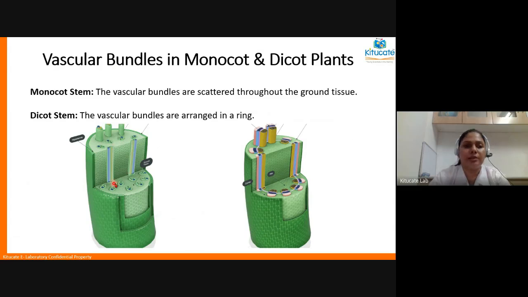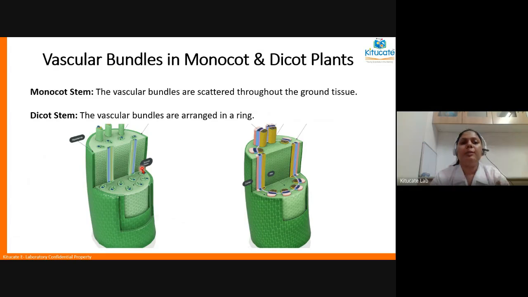So there are many bundles in the trunk. In a monocot stem, the vascular bundles are randomly arranged throughout the stem. If you see, there is no proper alignment or anything. They're just randomly placed all over the stem.